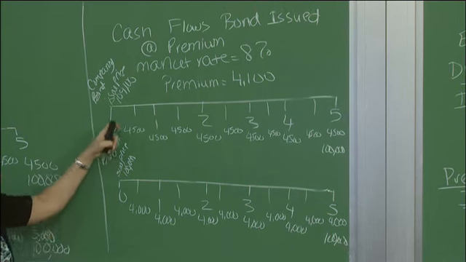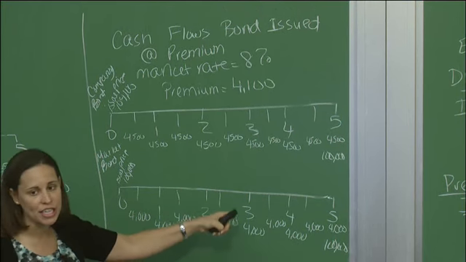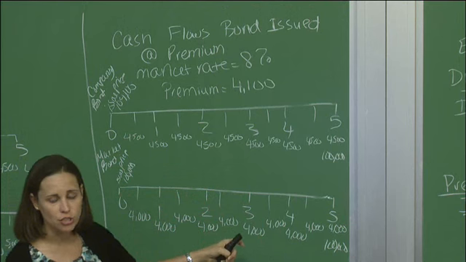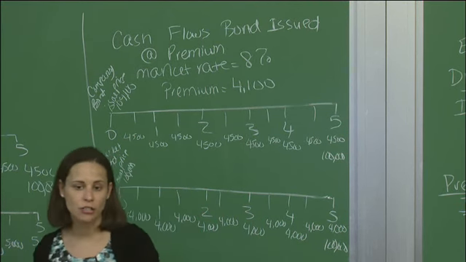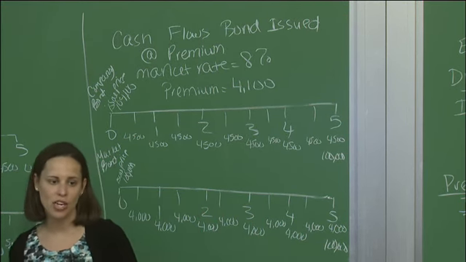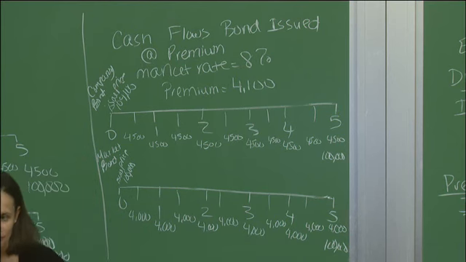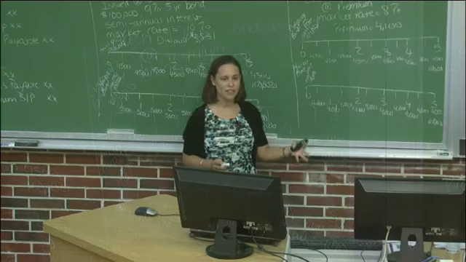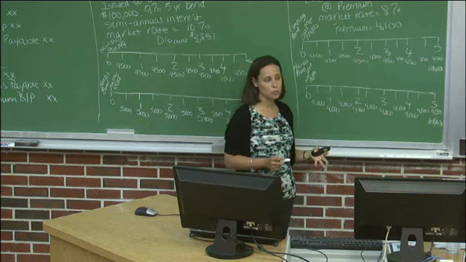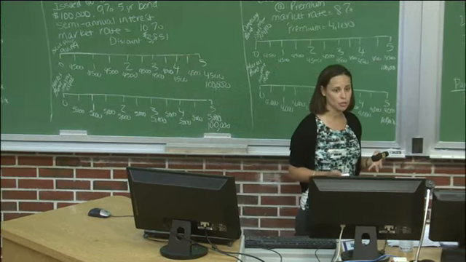So we're allocating this discount or premium over each interest period, over each interest payment date. Once all the interest payment dates have ended, we should have allocated the entire discount or premium. We should have amortized the entire discount or premium, and the account should have a zero balance.